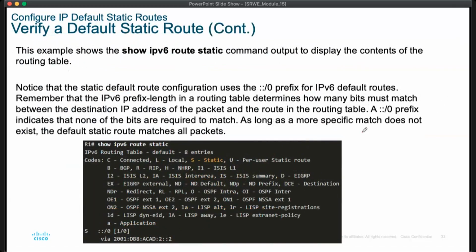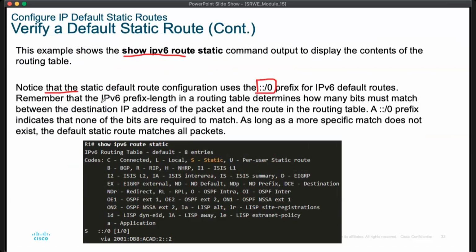This example shows the show ipv6 route static command output to display the content of the routing table. Notice that the static default route configuration uses the ::/0 prefix for IPv6 default routes.